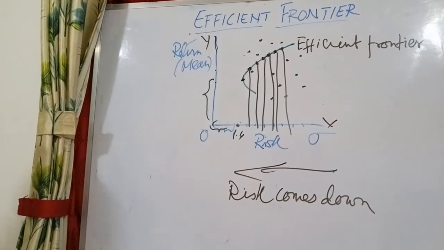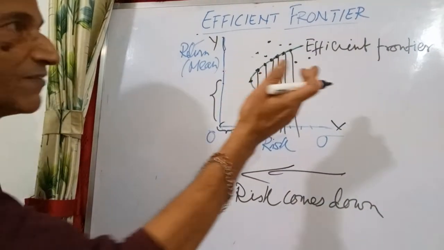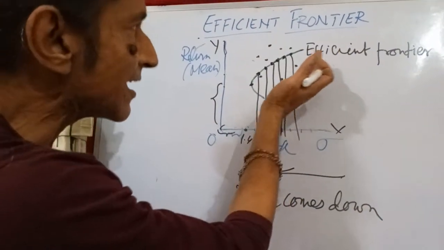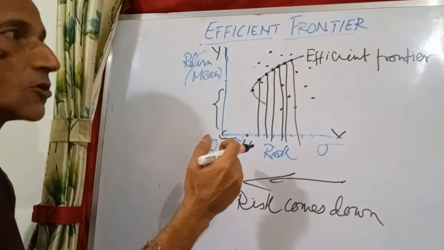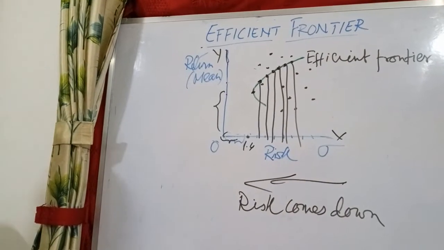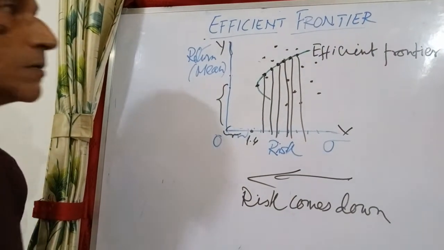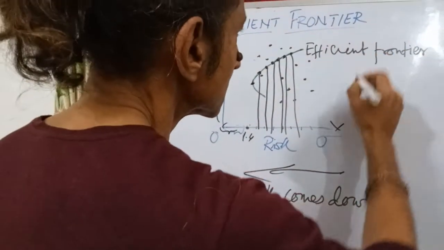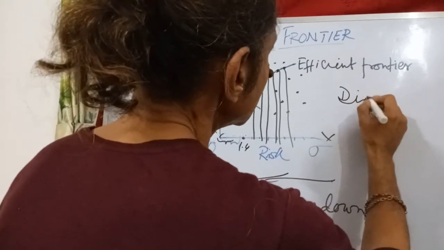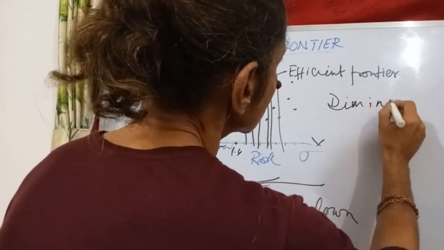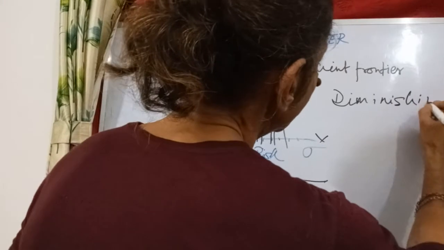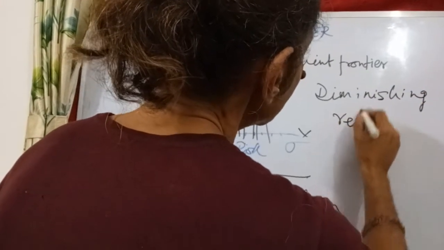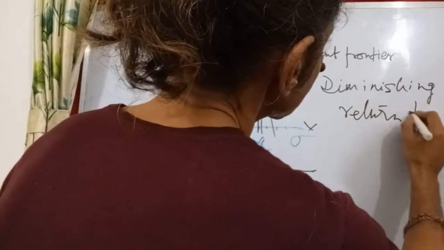Now, you see, efficient frontier is a curved line, not a straight line. Why? Because of diminishing return to risk.